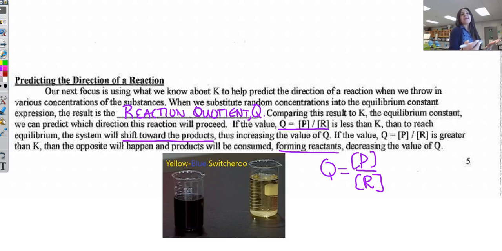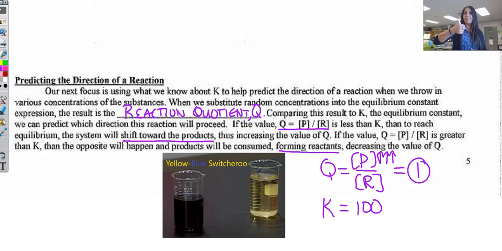So let's say we calculated Q and it was equal to 1, and we knew that for our reaction, K should be equal to 100. In that case, Q needs to increase, so I'm going to form more products, adding on my product side until I get to K. The reverse happens if Q is greater than K.